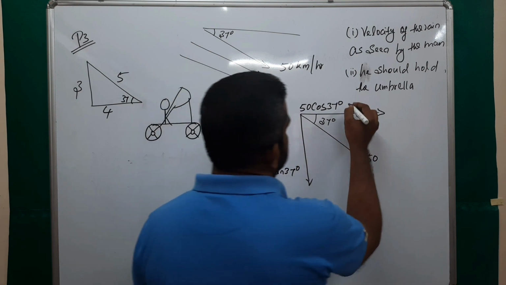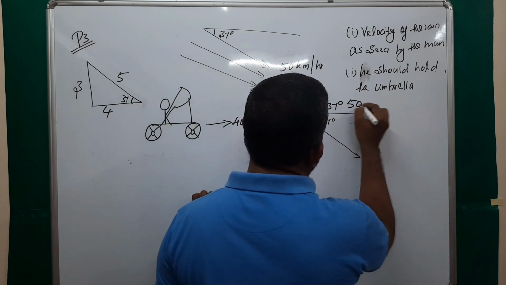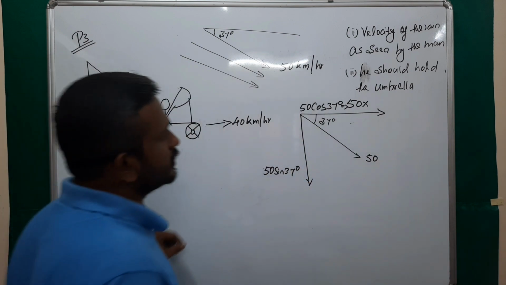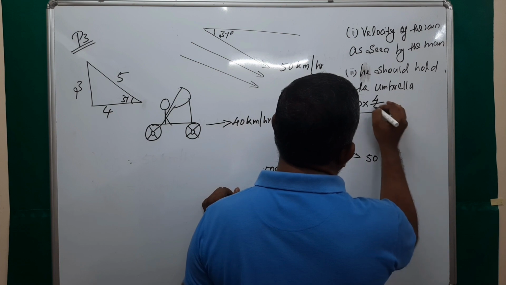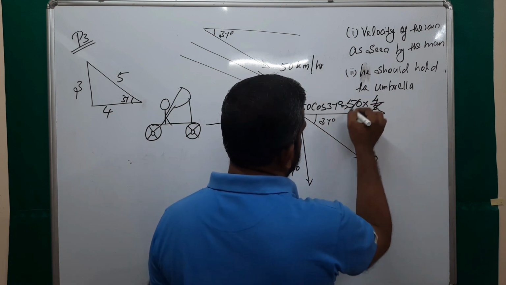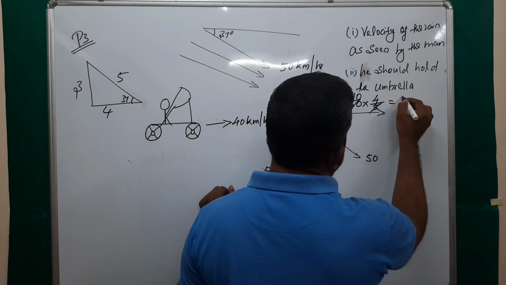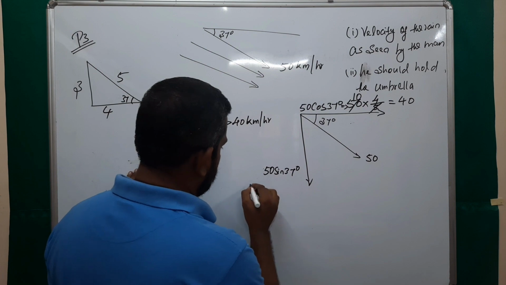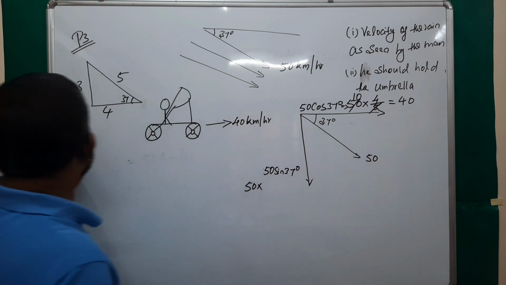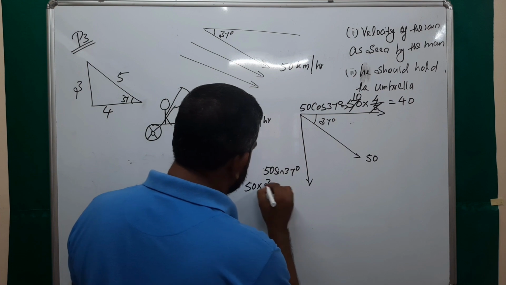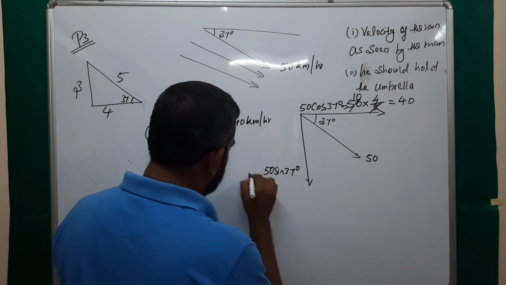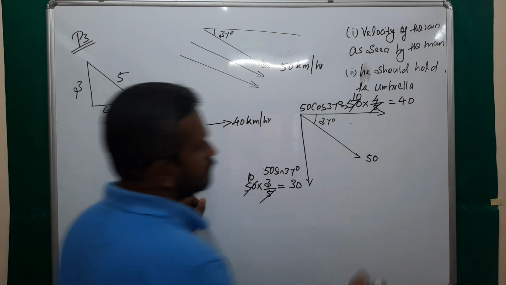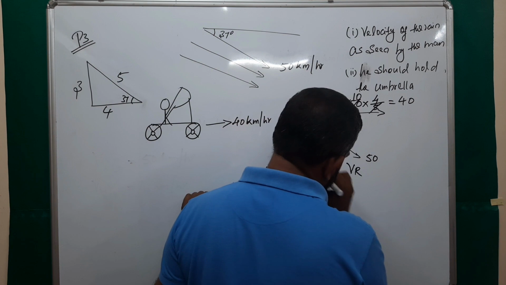So 50 cos 37 is 50 into adjacent side by hypotenuse, that is 4 by 5, so 10 into 4 equals 40. 50 sin 37 is 50 into opposite side by hypotenuse, that is 3 by 5, so 10 into 3 equals 30. So this is the velocity of the rain with respect to the ground.